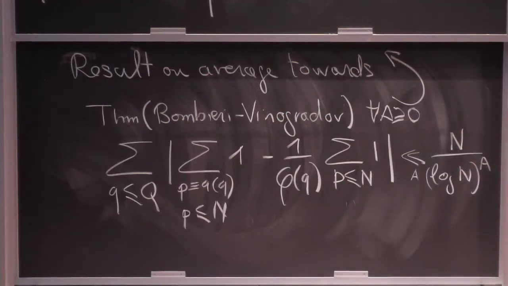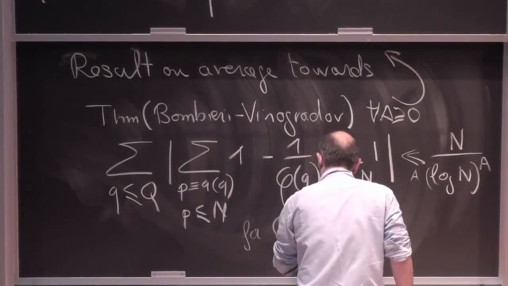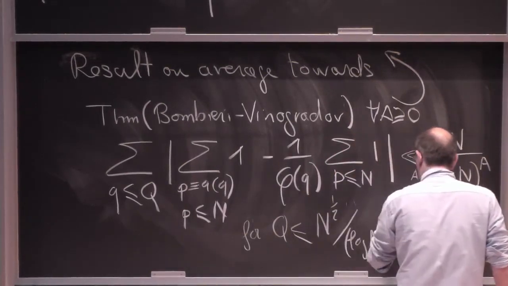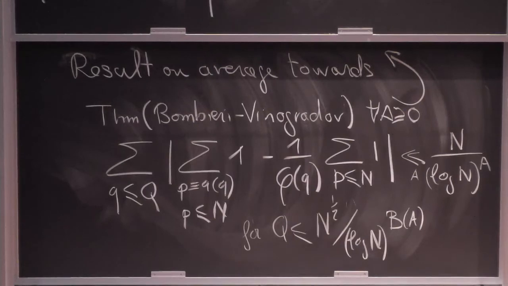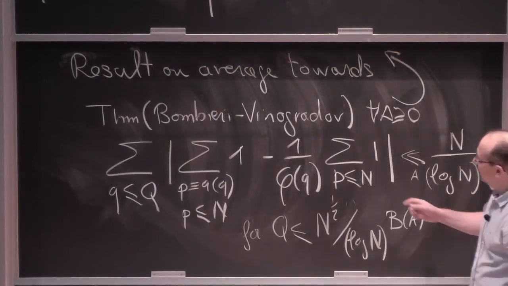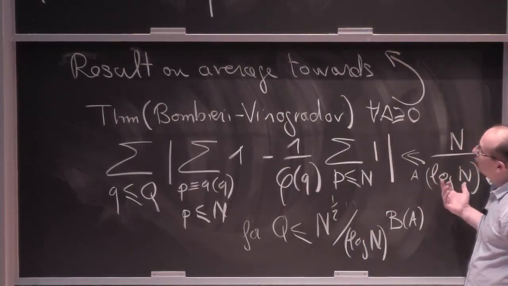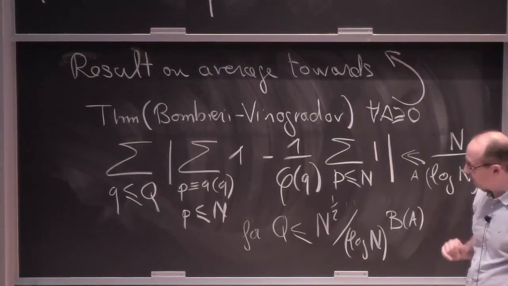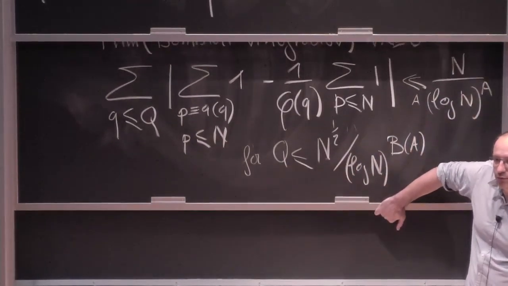And as long as Q is less than n to the 1/2 over log n to the power b, some b depending on A. So you see, now if instead of considering arithmetic progressions for individual moduli, you consider an average over moduli, you obtain a result which is as good as the generalized Riemann hypothesis in terms of the length of the modulus, because Q can go really up to square root of n.